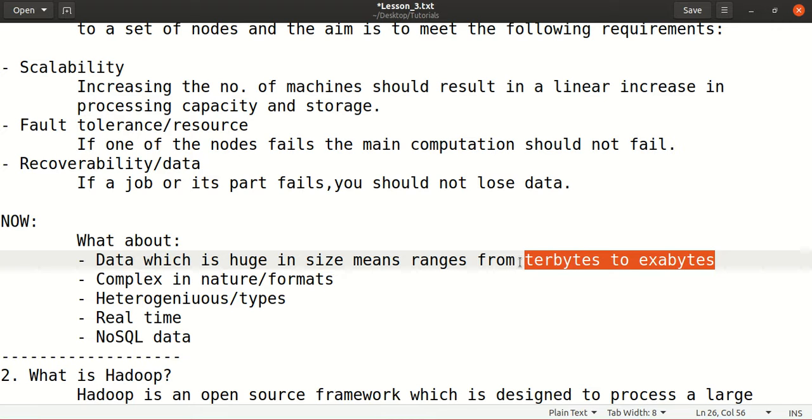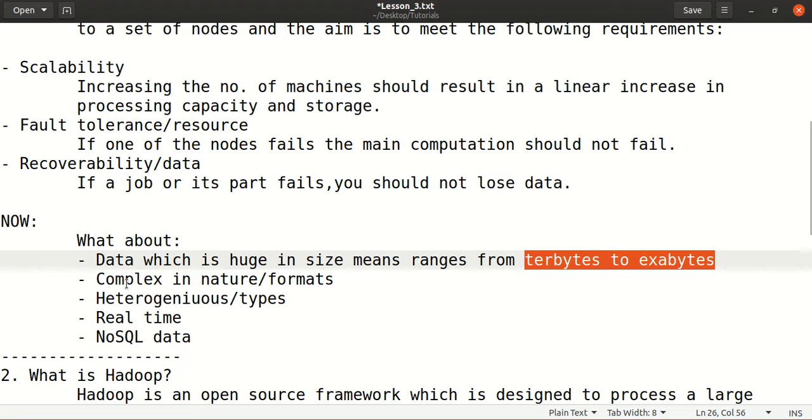We have to increase the number of processors, the size of RAM, and the hardware and software, and these processors work in parallel to process a huge amount of data. That will be very expensive for us. That is one of the reasons we go for Hadoop instead of normal distributed file system.